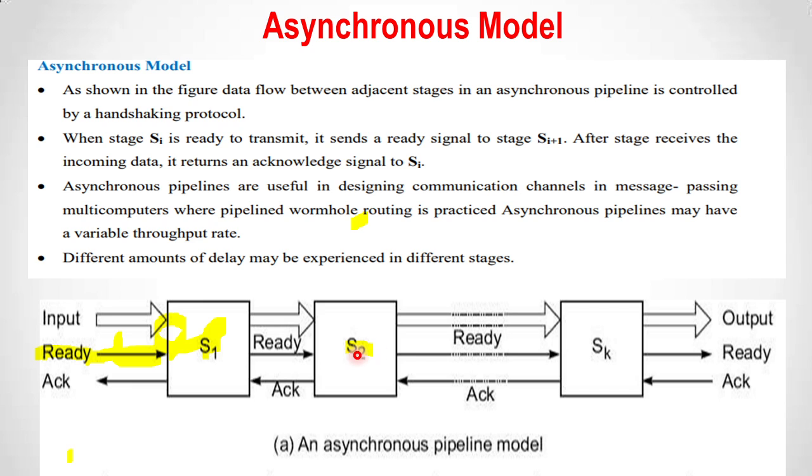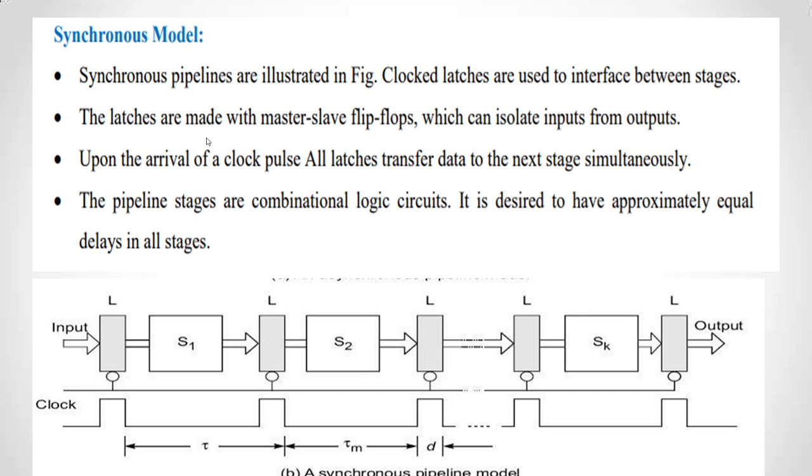So this is called asynchronous, that is, the handshaking protocol. In synchronous we use latches, and in asynchronous we do not use latches, in order to have uniform delays in the successive stages.